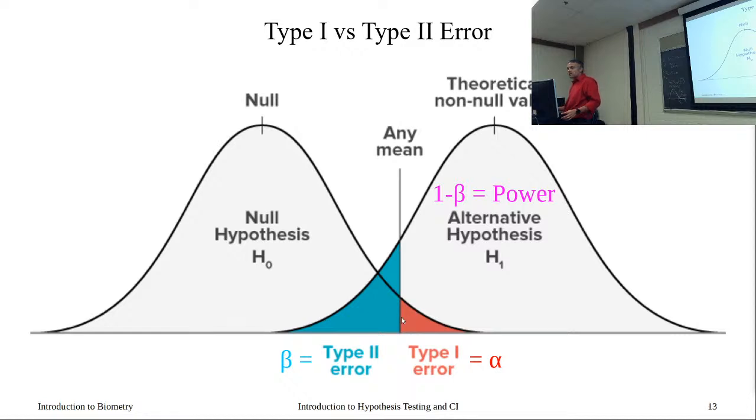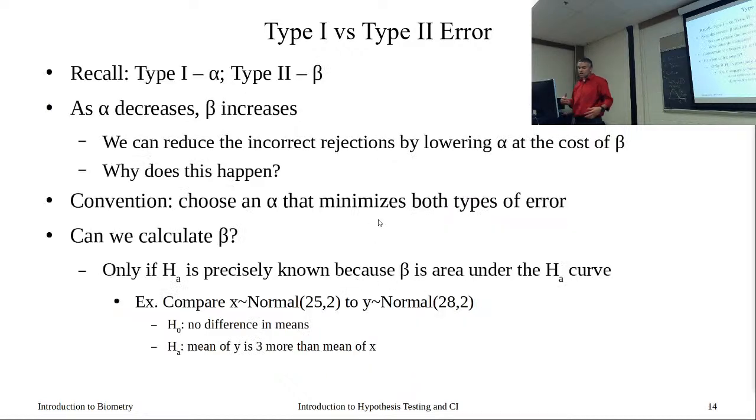It's sufficient to where we minimize our type 1 errors and also minimize our type 2 errors. So that's kind of why we do it. We choose an alpha that tries to minimize both types of error, and it seems like the convention is 5%. Does everyone do 5%? In biology, you usually do, but you don't have to. You can change it if you want.